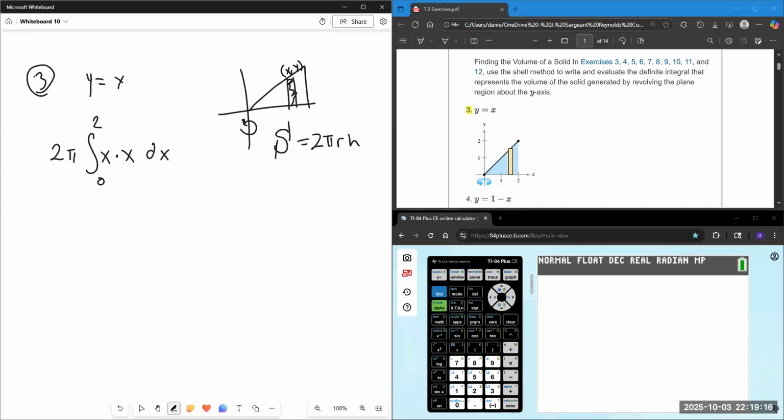So our function, we're actually going to call that p of x, and this is the distance to the axis of rotation, and the h is h of x, and that will be the height of the representative rectangle.